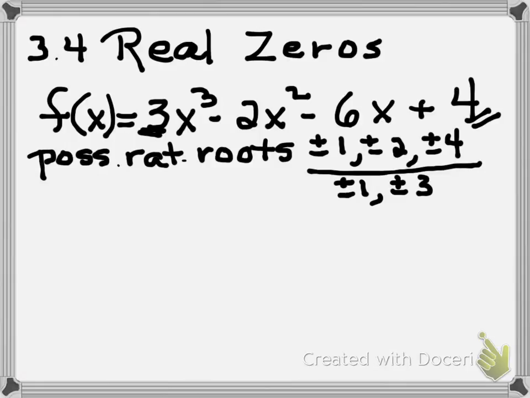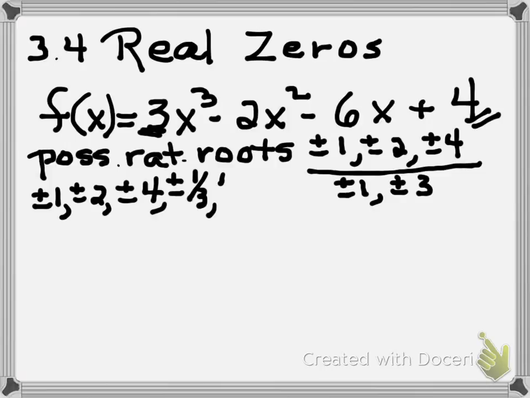That's where we're going to get all the possible solutions we could have. So let me put those down. We could have positive and negative 1, positive and negative 2, positive and negative 4, positive and negative 1/3, positive and negative 2/3, positive and negative 4/3.